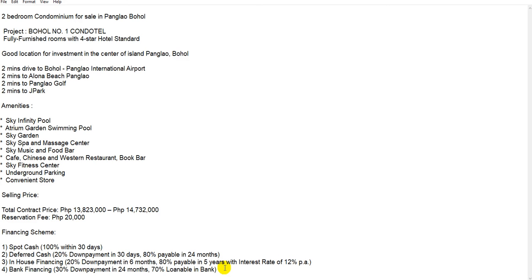Then you should ask the developer's sales coordinator what are the required documents and the banks that they are accredited or affiliated with, for example BDO, BPI. Different developers have different accredited banks.